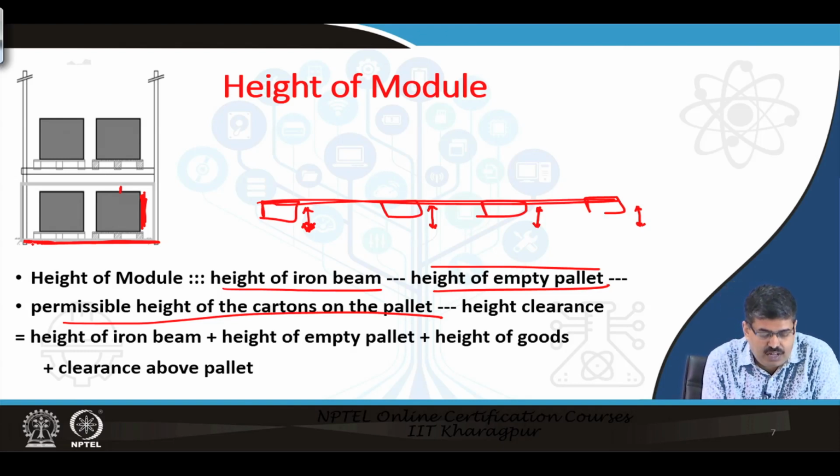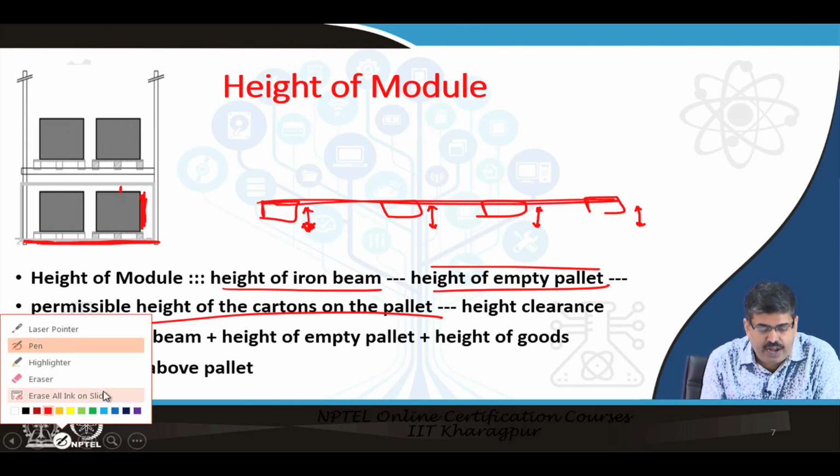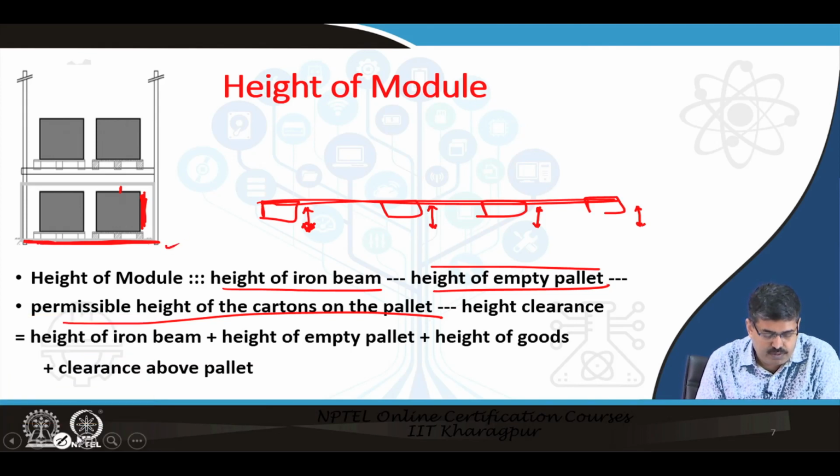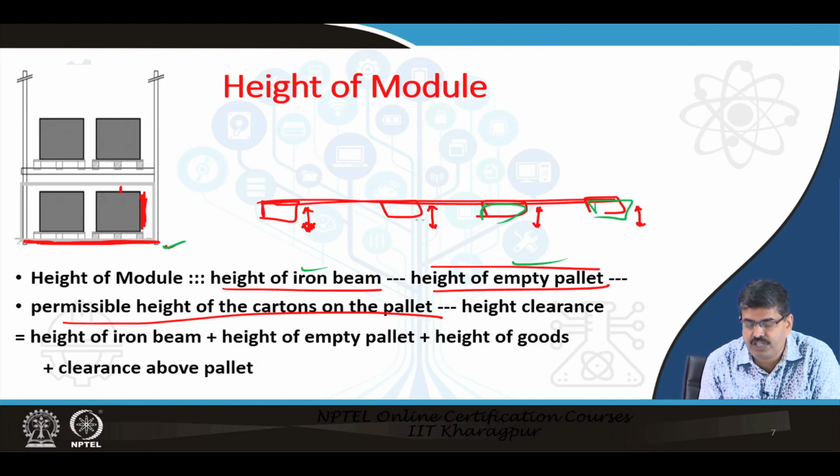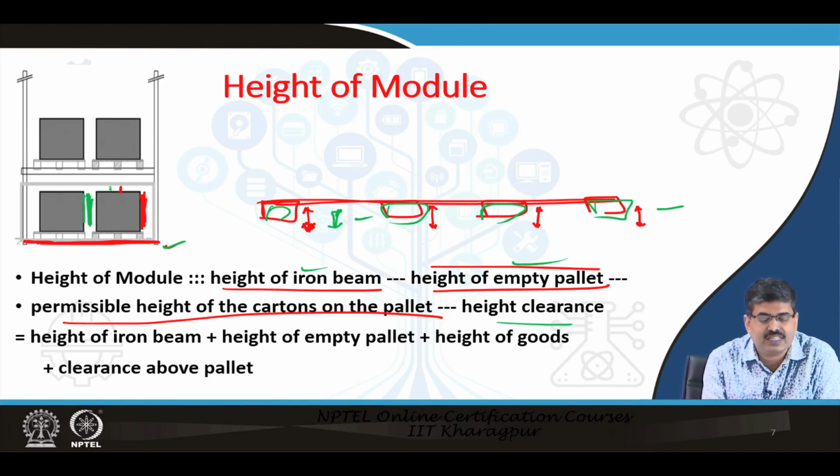So, height of the iron beam, let us take a different color, height of that iron beam, plus height of that empty pallet, remember the refrigerator stand, height of that empty pallet, permissible height of the cartons on the pallet, height clearance, this clearance height.